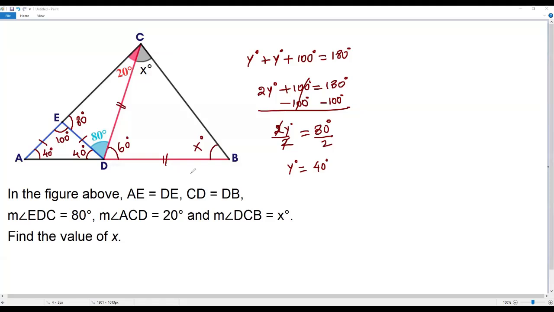Now we know the three interior angles of the triangle BCD: x degrees, x degrees and 60 degrees. They must add up to 180 degrees, because they are the three interior angles of a triangle.